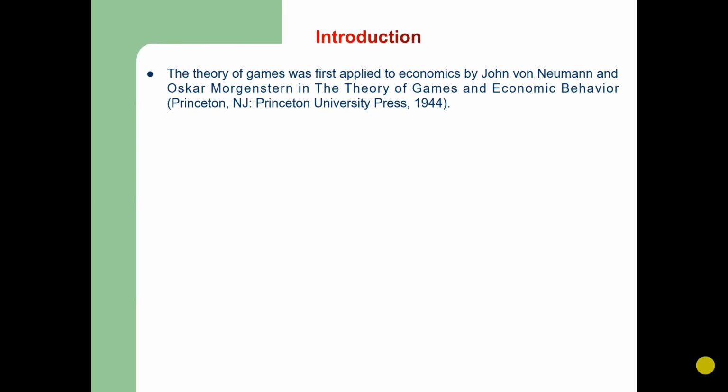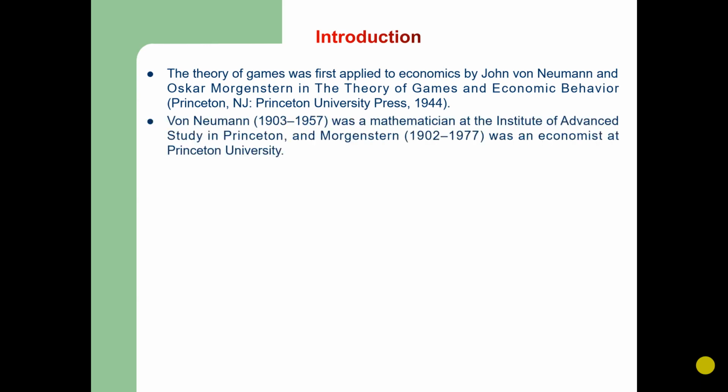Game theory was first applied in economics by John von Neumann and Morgenstern in the Theory of Games and Economic Behavior. This book was published by Princeton University Press in 1944.